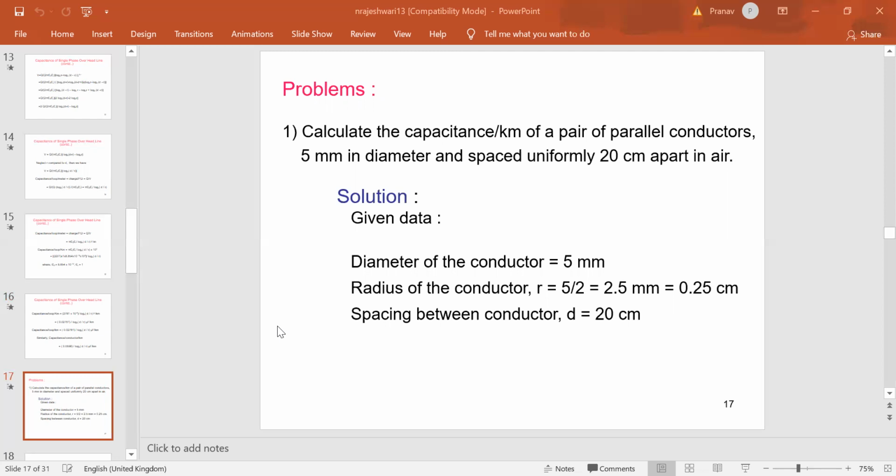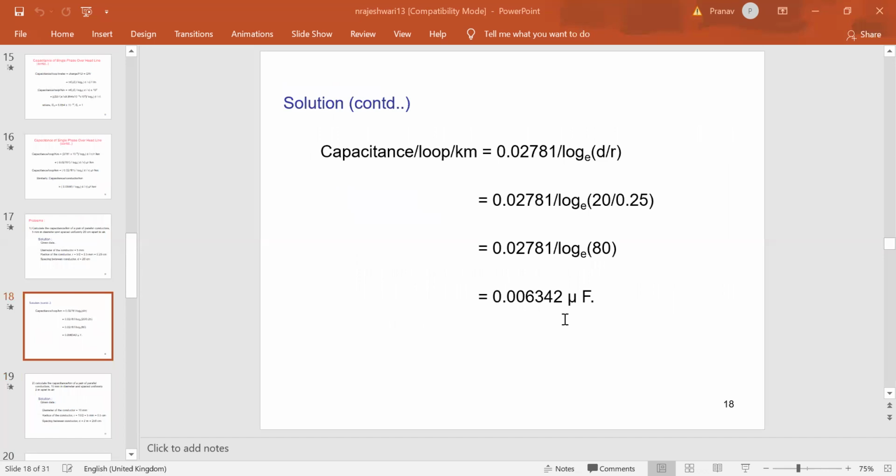The given data: diameter of the conductor is 5 mm, and the radius of the conductor will be 5 by 2, which is equal to 2.5 mm, converted into centimeters as 0.25 centimeters. And spacing between the conductors d is equal to 20 centimeters in air. In air means epsilon r is 1.